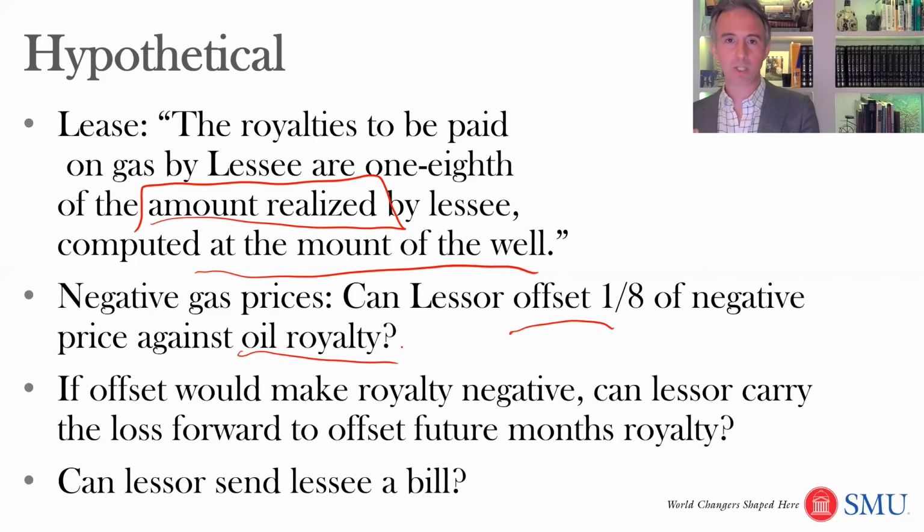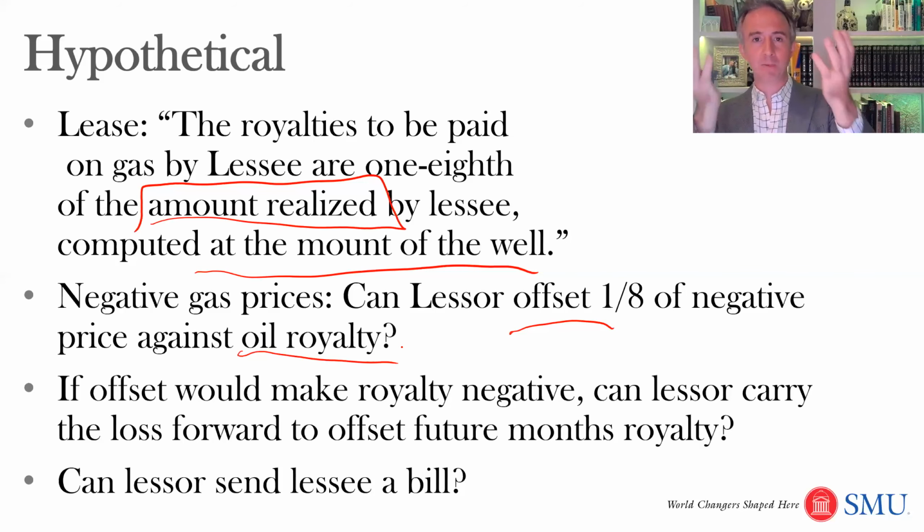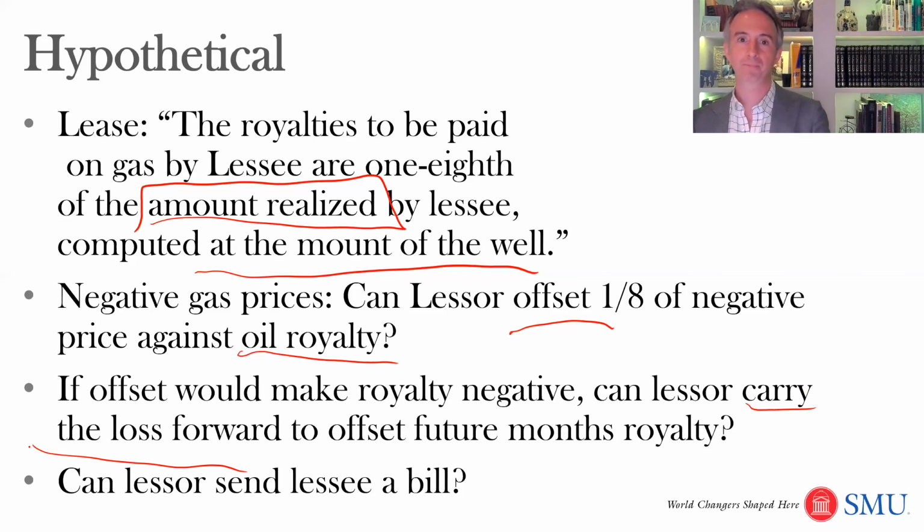In that situation, could the oil and gas company say, you know what, you owe me $50. And so next month, if I'm supposed to pay you $200 because oil prices and gas prices have recovered a little bit, you still owe me $50. So next month, I'm only giving you $150. So can you carry that loss forward and recover it later?